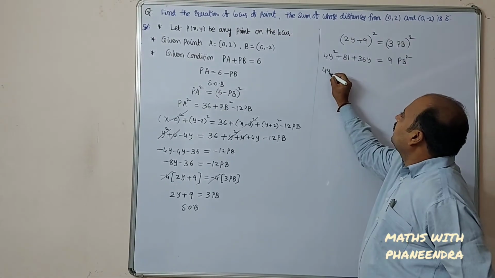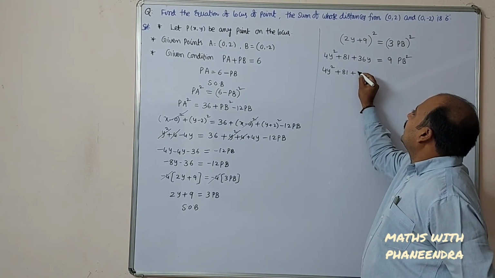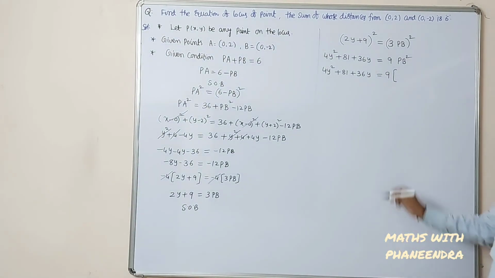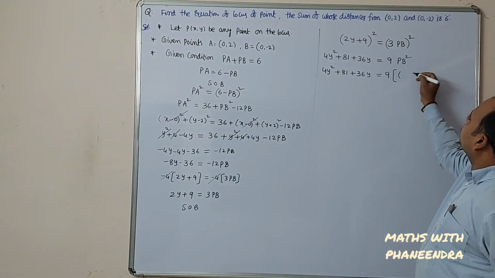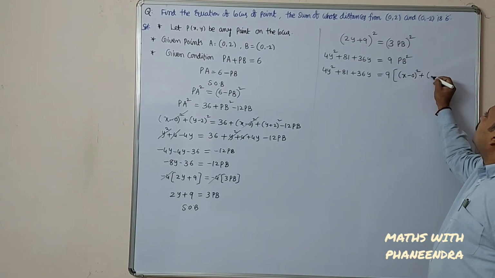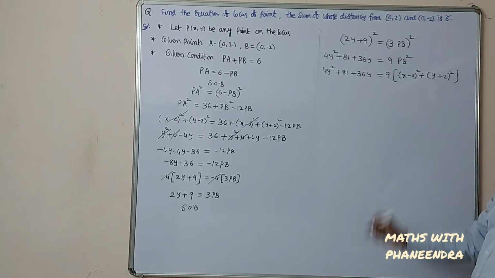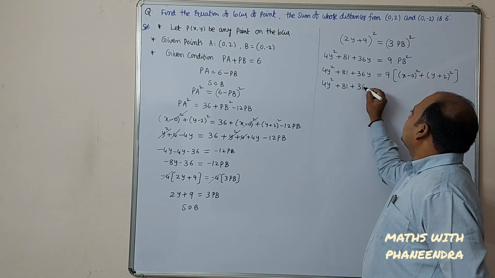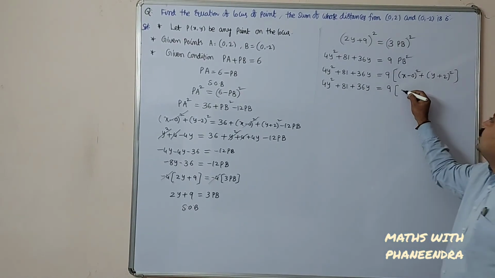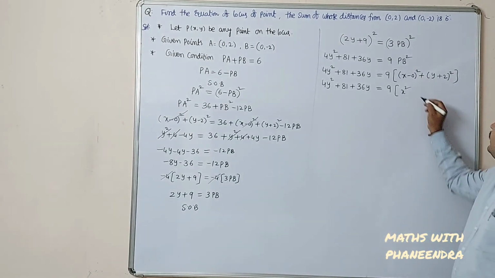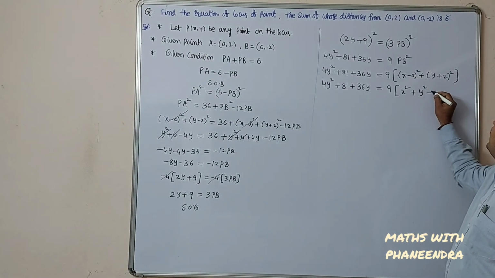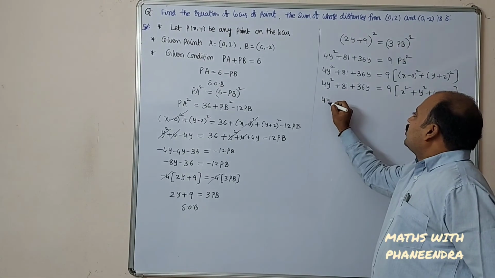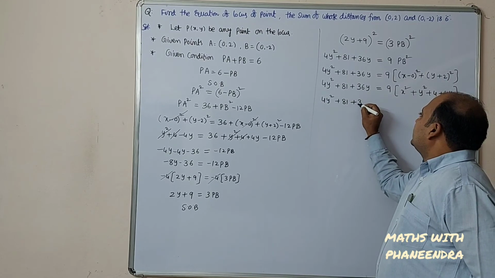So 4y square plus 81 plus 36y is equal to 9 into PB square. x minus 0 whole square plus y minus of minus 2, y plus 2 whole square. So 4y square plus 81 plus 36y is equal to 9 into x square plus y plus 2 whole square, y square plus 4 plus 4y.